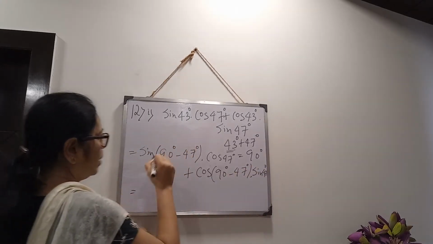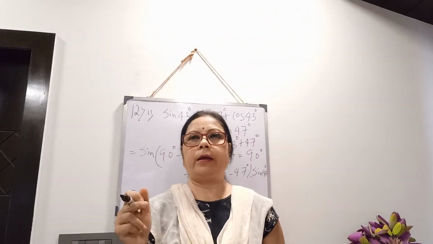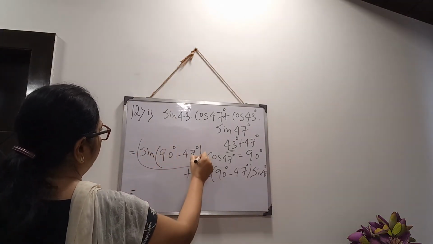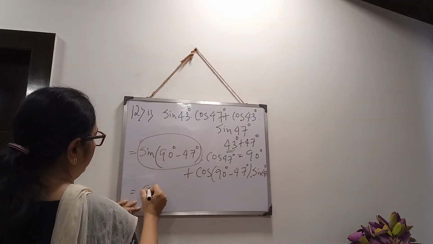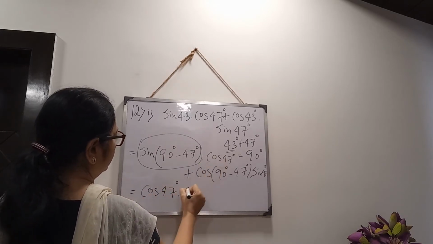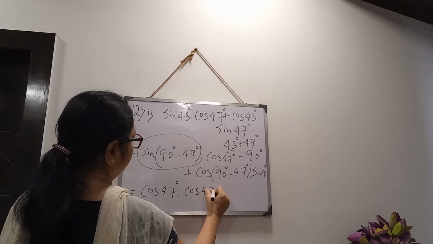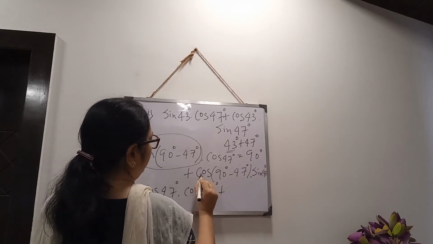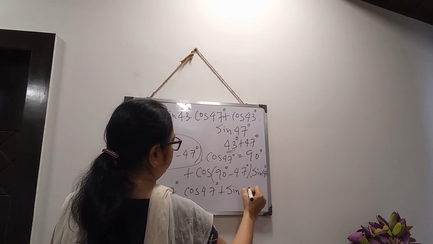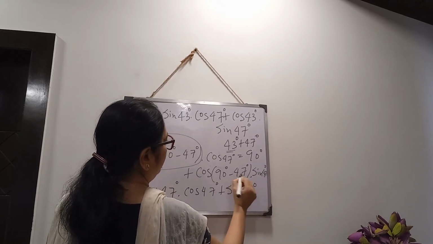Now I have written the formula. sin(90 minus theta) means cos theta. So instead of this I can write cos 47 degree. There is another: cos 47 plus cos(90 minus theta) means sin theta. Here theta means this angle 47.